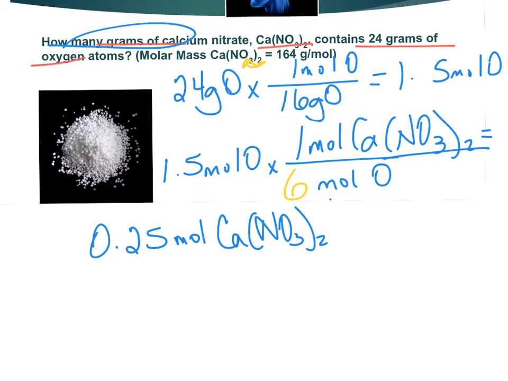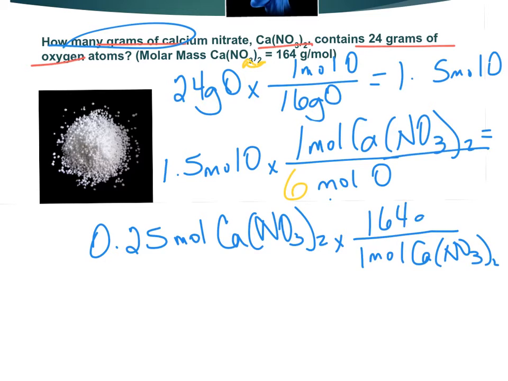So we take the 0.25 moles and we multiply it times the molar mass of calcium nitrate. And it gives us that in the problem. So 1 mole of calcium nitrate is 164 grams of calcium nitrate.